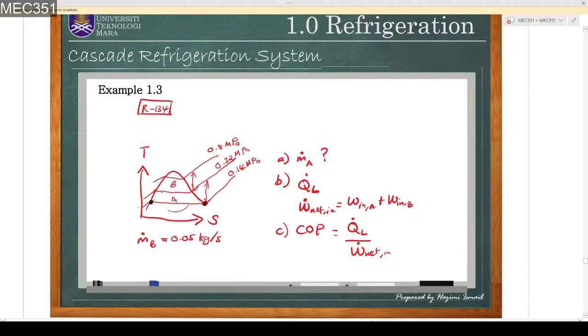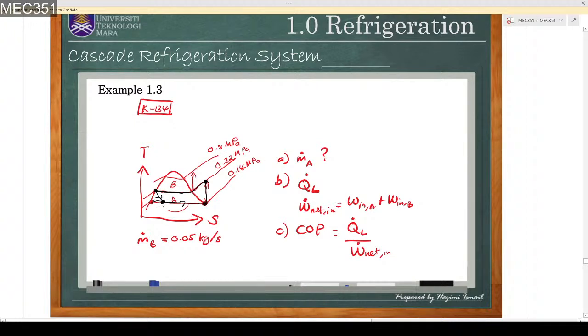This is the ideal vapor compression, so it will be like this, and there will be the compressor A, then it passes through the condenser at A, and then it drops like this.